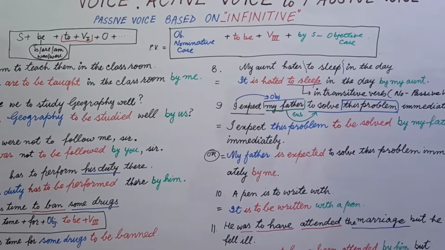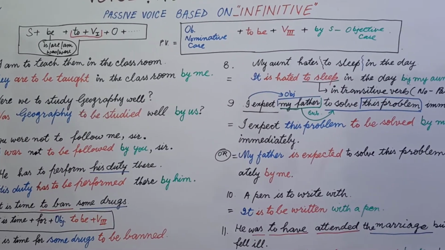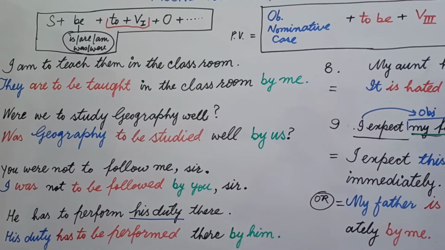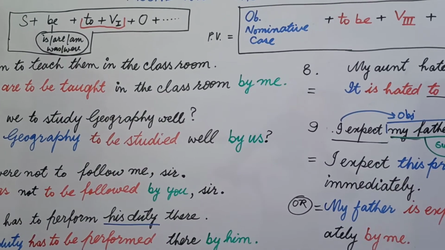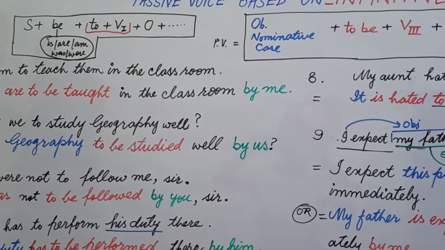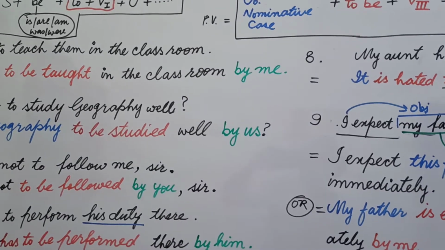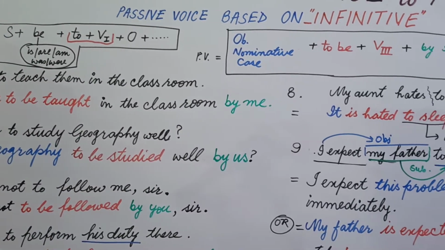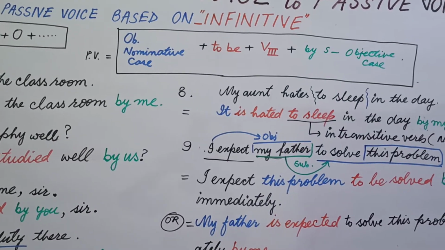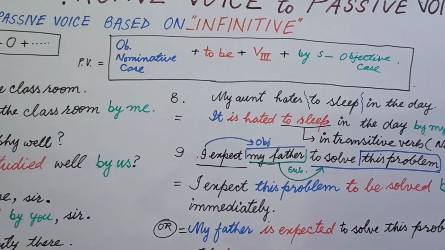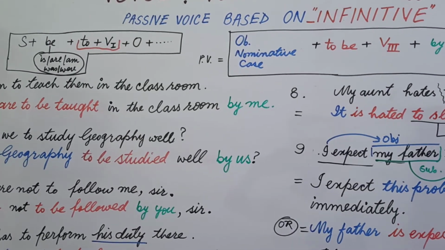Now students, let's see the structure of a sentence that is based on infinitive. Generally you use subject plus linking verb plus 'to plus first form' then object, and we will use it to transform into passive voice. If we have a sentence of this structure, then the form of passive voice will be like this. We change subject and object just like you have done in your previous lectures.